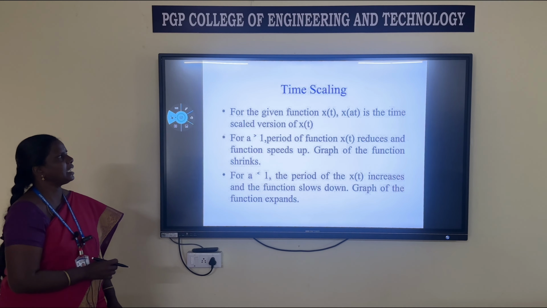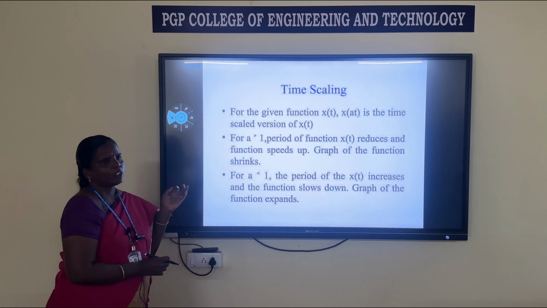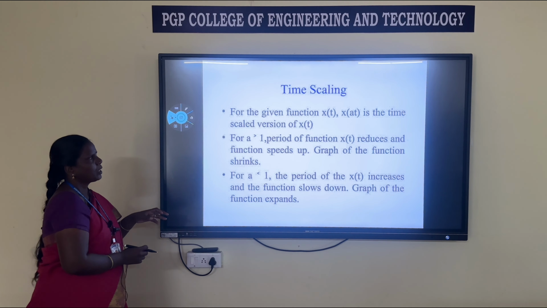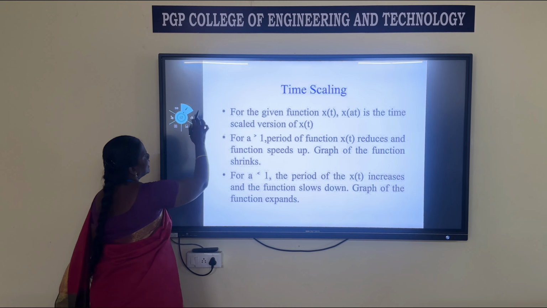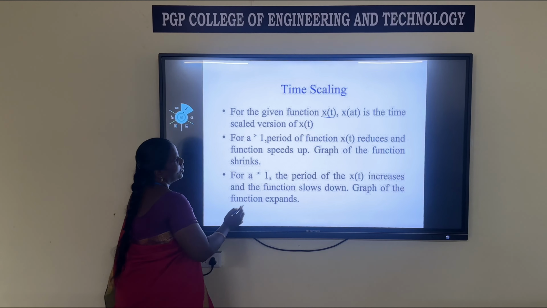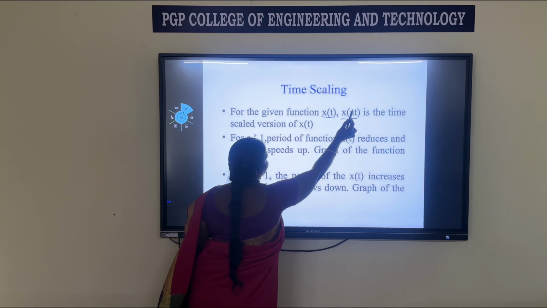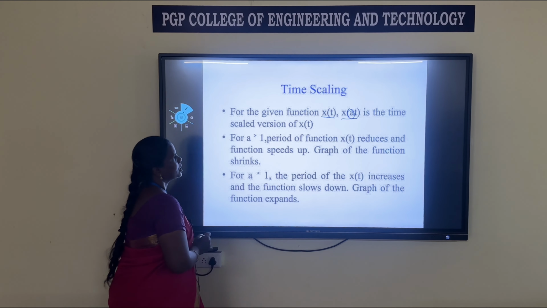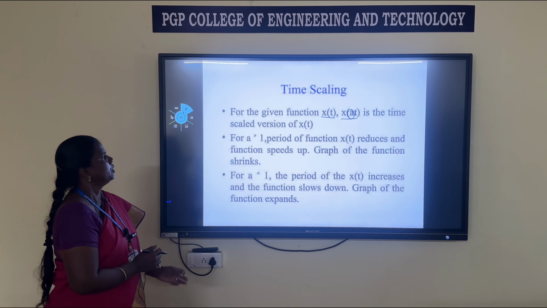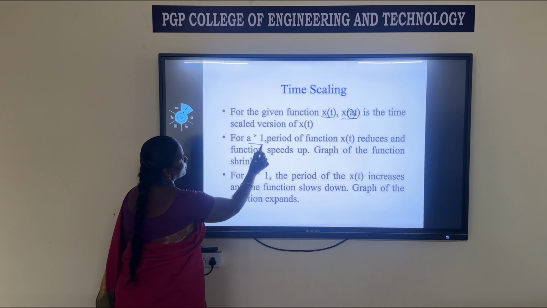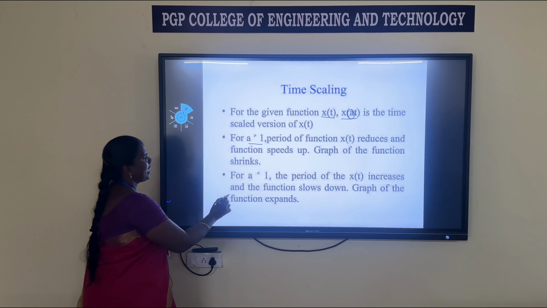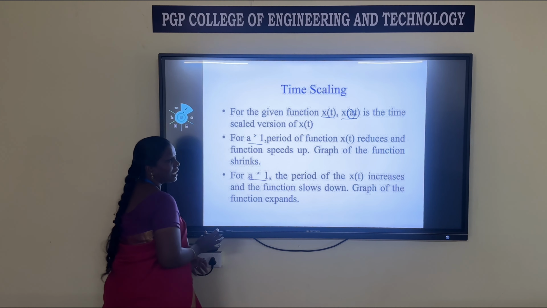So time scaling. Here we perform a scaling operation on the time unit. Normally the signal is denoted x of t, and x of a t has a scaling factor used in the time. When a is greater than 1, it compresses the signal. If a is less than 1, it expands the signal.